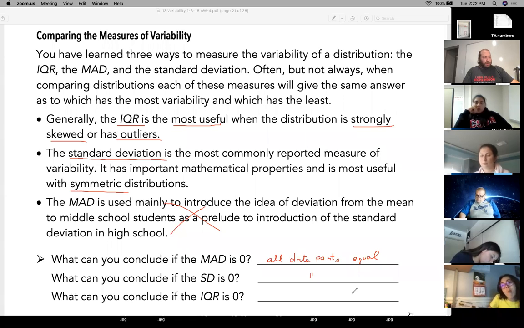So if Q3 minus Q1 is 0, that just means that the middle 50% are all equal. So Q3 is equal to Q1 and the IQR is 0. But the outside 50% could really be anything, as long as the middle 50% are equal.